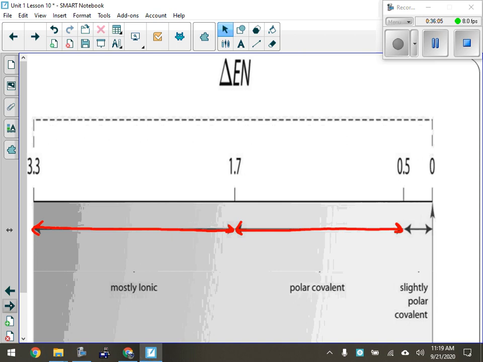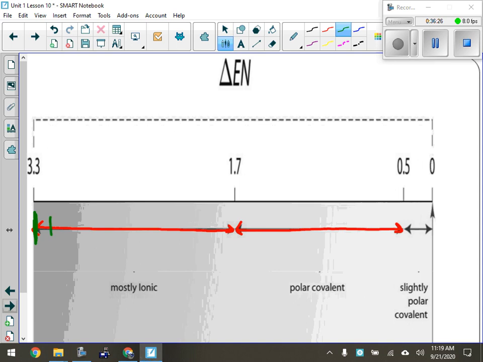All right. Now, what you have to understand about this chart, I know you want to copy here, is that, as with everything in life, this is kind of a sliding scale. If I had francium and fluorine, is it going to be ionic? Yeah, okay.